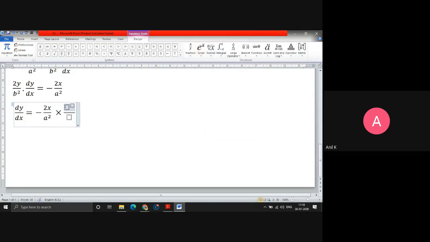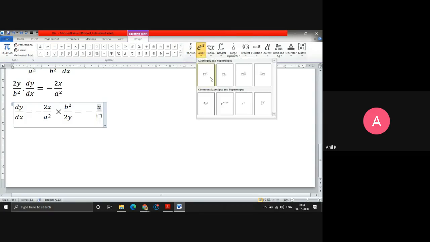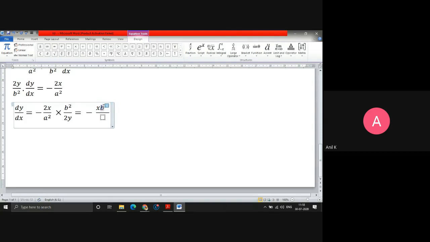This is b square because it goes as a reciprocal when I transpose to the other side of the equality, and the denominator comes as 2y. Now the 2 will get cancelled. Then you have minus, with x into b square upon a square into y.